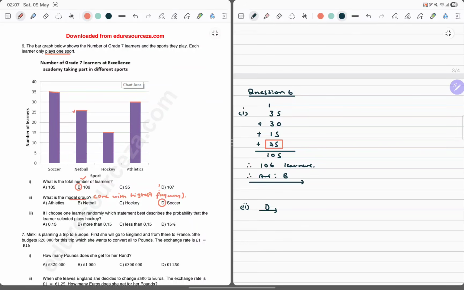Now, 3 says, if I choose one learner randomly, which statement best describes the probability that the learner selected plays hockey?